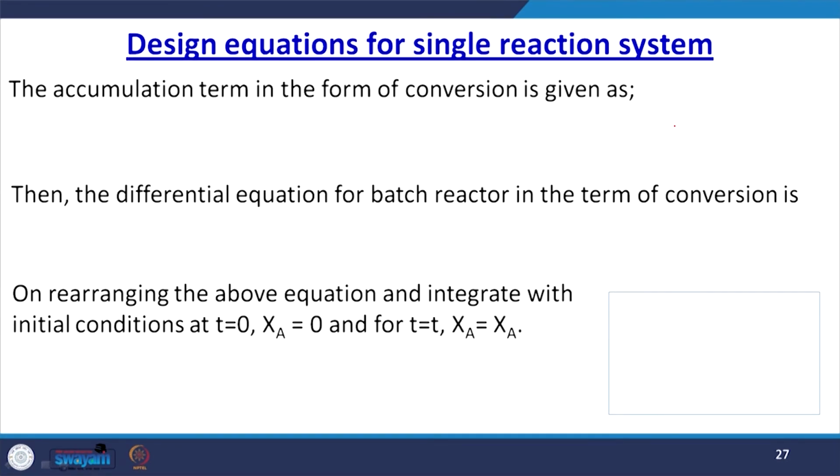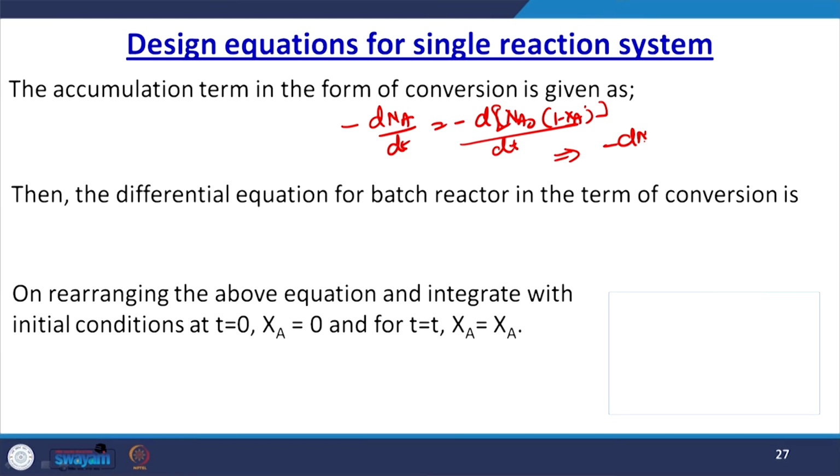Now if we talk about the accumulation term in the form of conversion, it is given as minus dNA by dt.